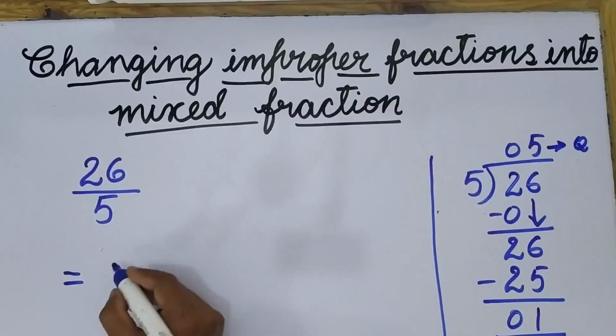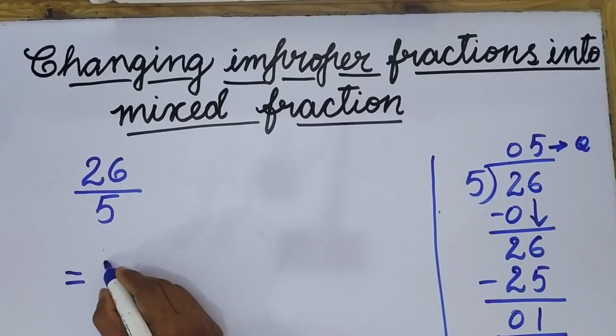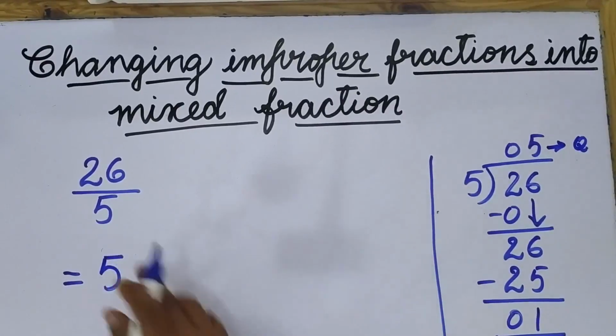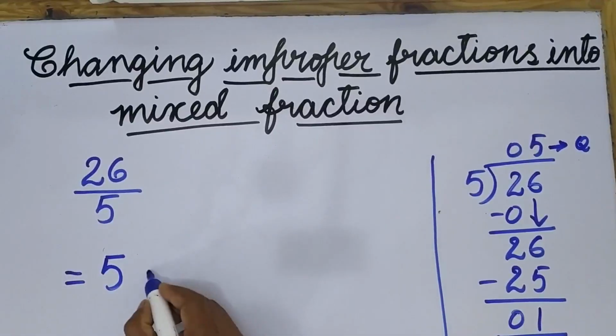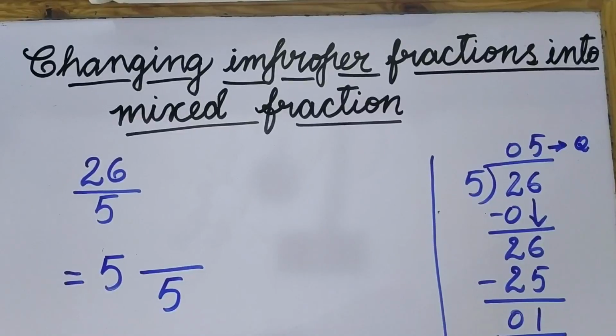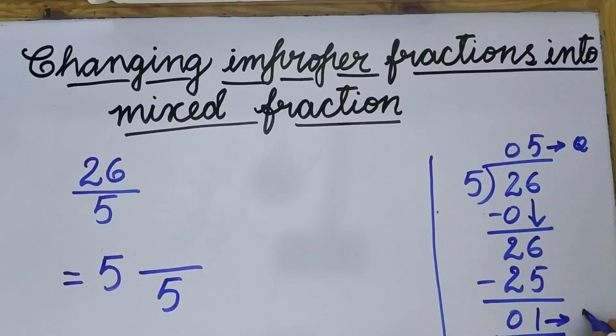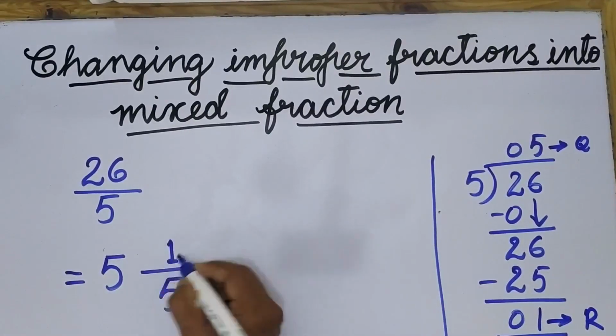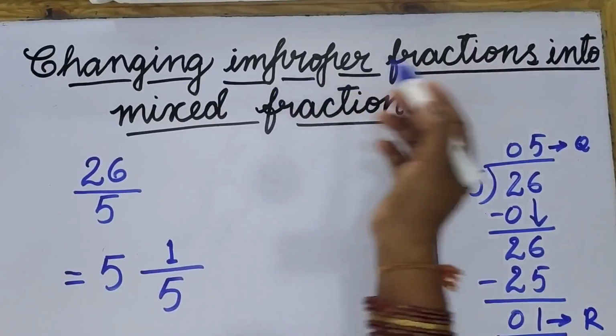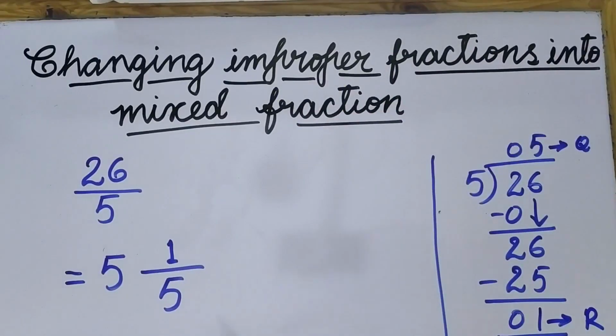Quotient should be written in the whole number place. And the denominator doesn't change, the denominator remains same. Then what about the numerator? The remainder, whatever is left after dividing, that remainder will be the numerator. In this way, we can change improper fraction into mixed fraction. That is, 26 by 5 will be written as 5 1 by 5.